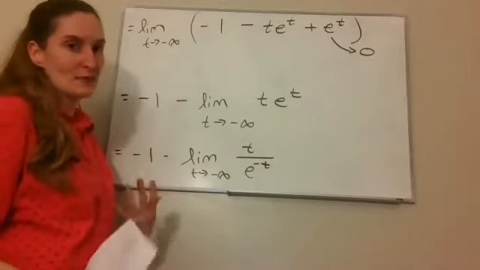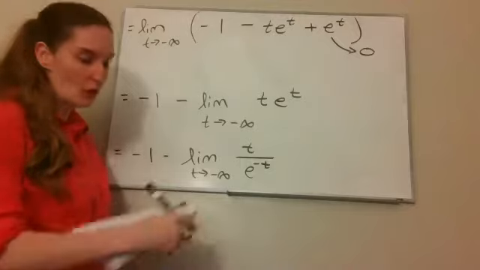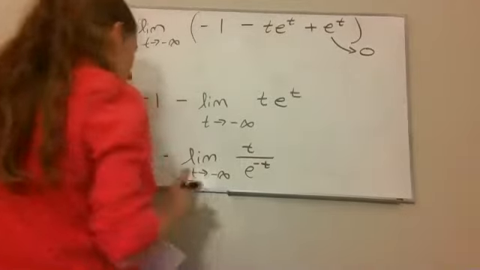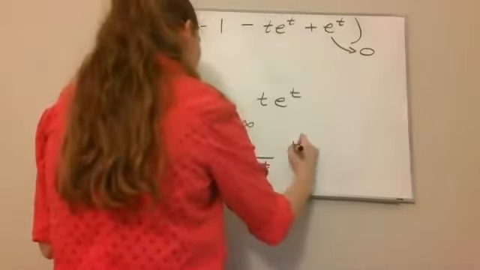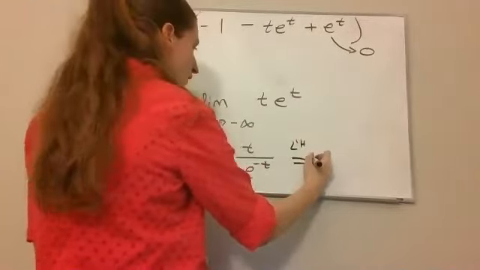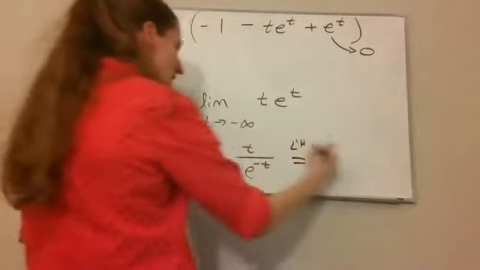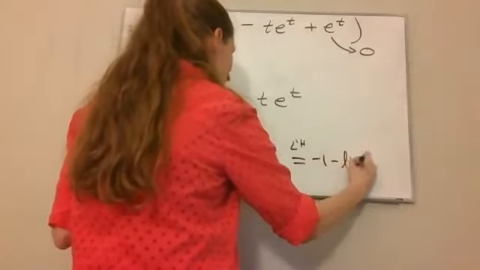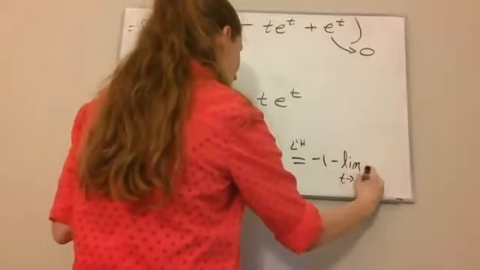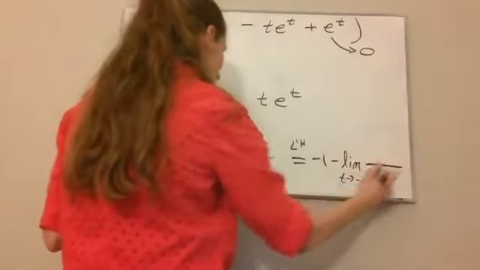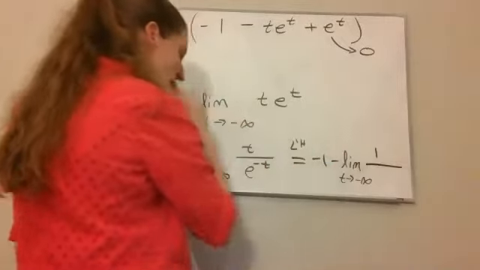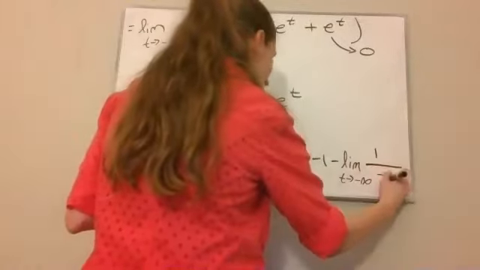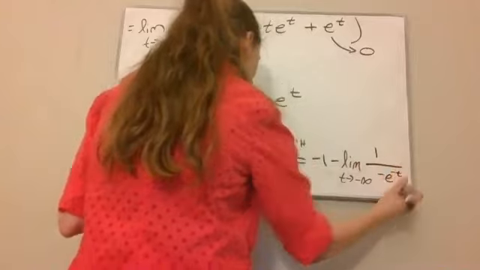So I'm in a proper form to be able to use L'Hopital's rule. So doing L'Hopital's rule, I still have my negative 1 in the front. I have my minus limit as t goes to negative infinity. On the top, I get 1, and on the bottom, I get negative e to the negative t.